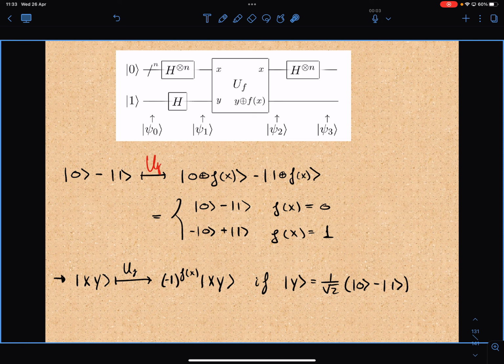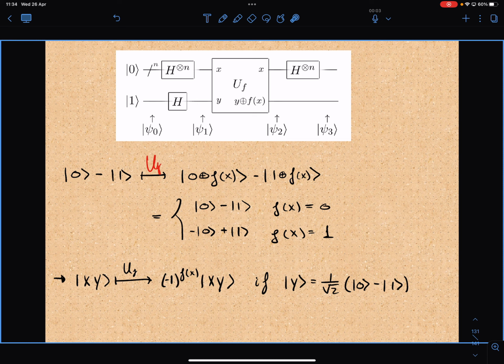This is going to be the action of the UF operator. So I have xy, it's going to map it to xy times -1 to the f of x, if y is in this state.